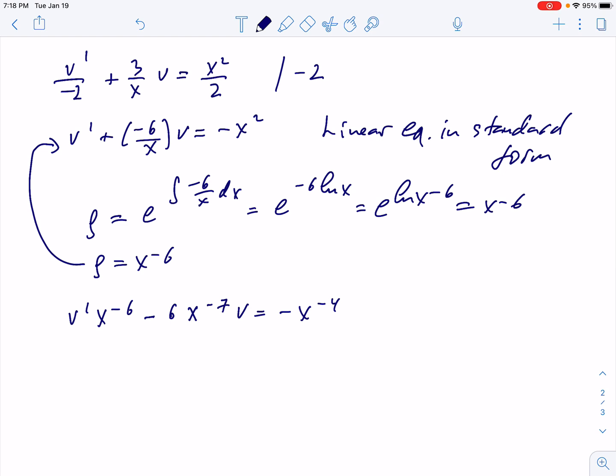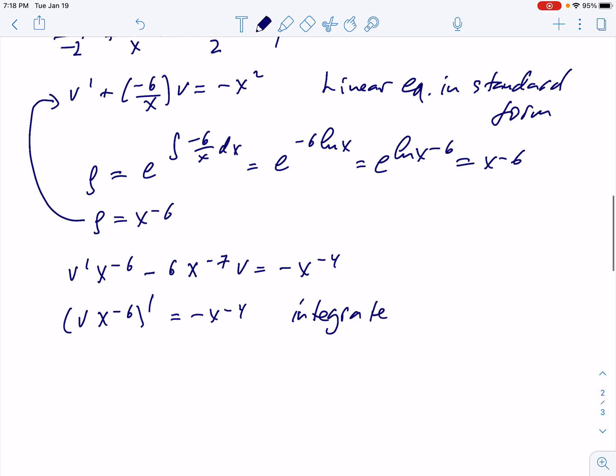The left-hand side in this equation is one exact derivative. (v x to the negative 6), all this prime, equals negative x to the negative 4th power. We can verify this using the product rule. After we come to this place, we integrate both sides.